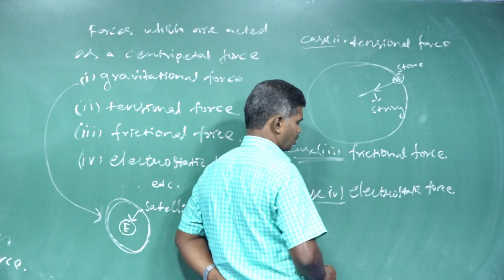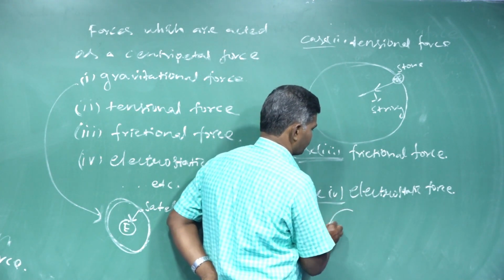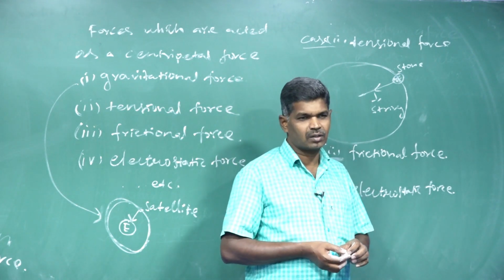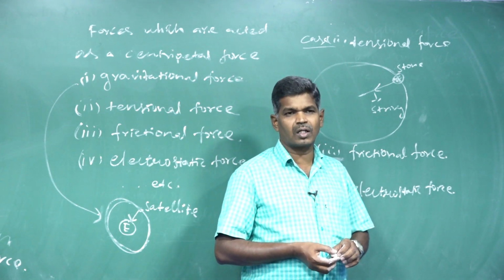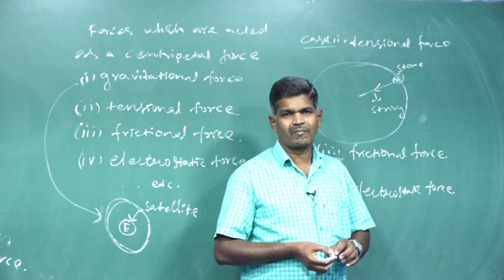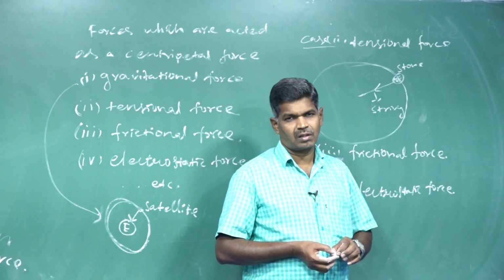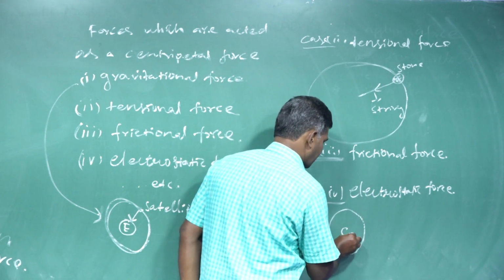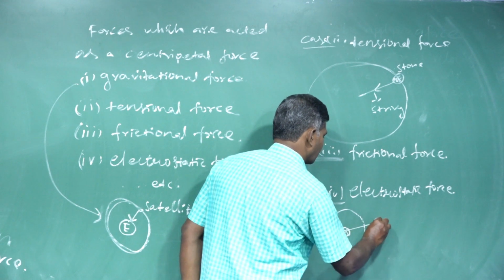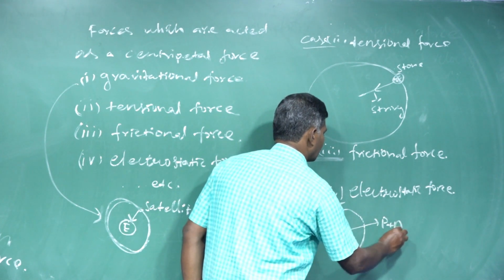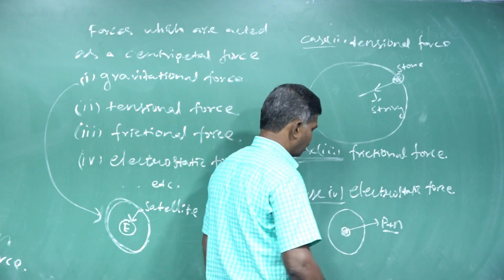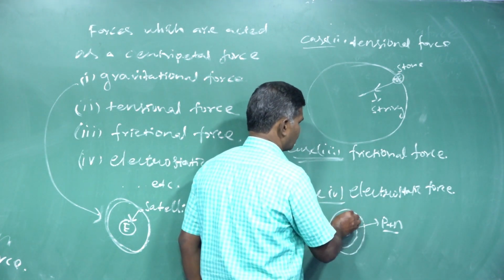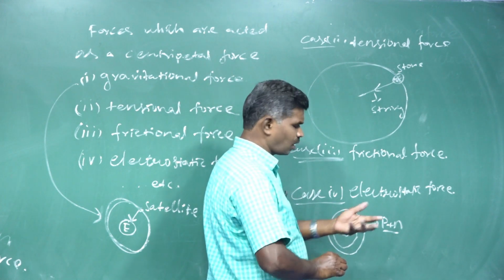Electrostatic force. Suppose you take an atom. We know the fundamental particles in an atom are proton, neutron and electrons. Protons and neutrons are accumulated in a nucleus, but the electron is revolving around the nucleus in a circular orbit.